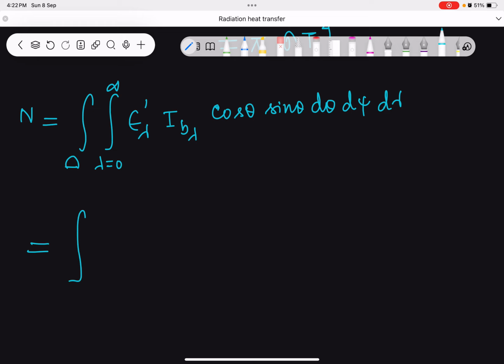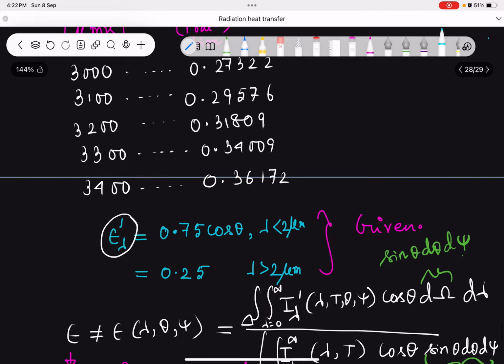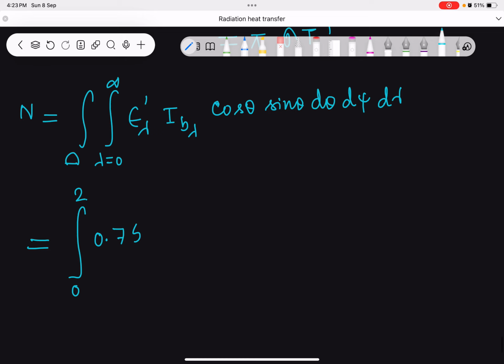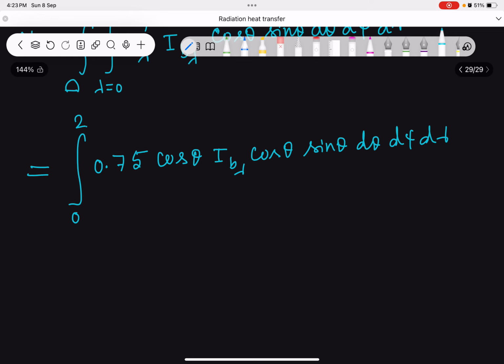So I will write 0 to 2 micrometer, and then my epsilon lambda dash is given as 0.75 cos theta, and I will write the same thing, I b lambda cos theta sin theta d psi d lambda.